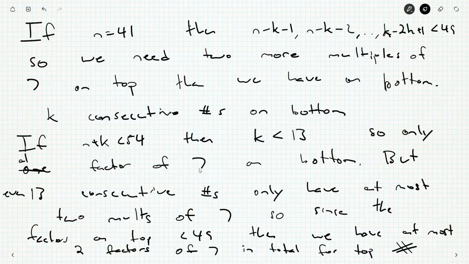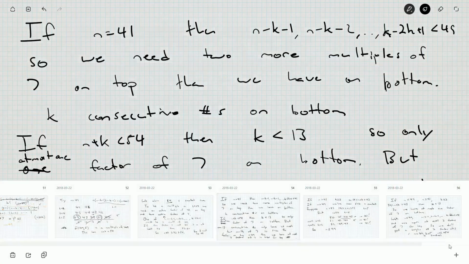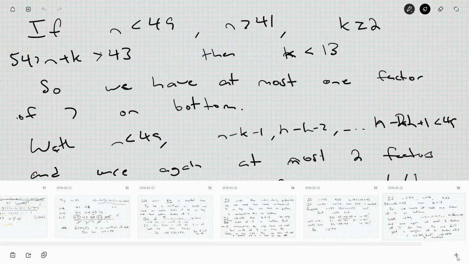I mean, at most, one factor of 7 on the bottom. I suppose we could have 0 factors of 7 on the bottom, but then you wouldn't... So I guess this needs to be an extra case. I'm just going to throw this in at the end and clarify it. This is a clarification that I should probably erase and add, but I've done so many pages already.